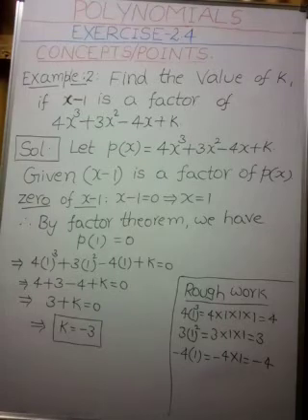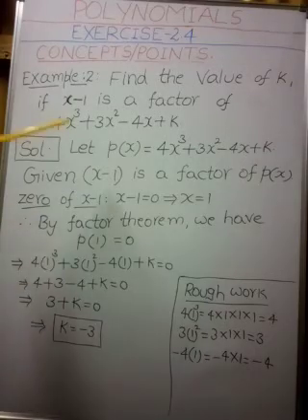Okay, my dear children? Right. Now, in this question, they did not use the word factor theorem, but the question is based on the factor theorem only. That is why I am telling you, read the question a number of times. The question is based on the concept of factor theorem.